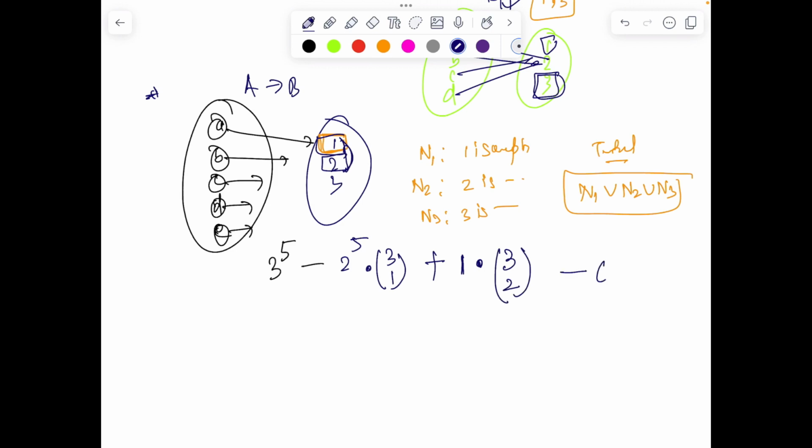Out of 3 I could have selected any 2 of them, so 3C2, minus when all 3 are empty, so that's not possible. So that will give you the answer as 3 to the power 5, which is 243, minus 32 into 3 plus 3, and that gives you answer as 150.